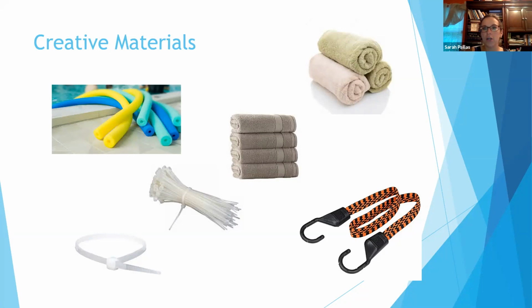You can either roll towels and wrap them in duct tape to keep them in the position you want, or you could put them in a pillowcase. There's a lot of ways you can incorporate towels. And then this bottom image is a bungee cord, but it is a flat bungee cord, not a rope one. And I'm going to show you how it can be used to help with holding feet and legs onto a leg rest.